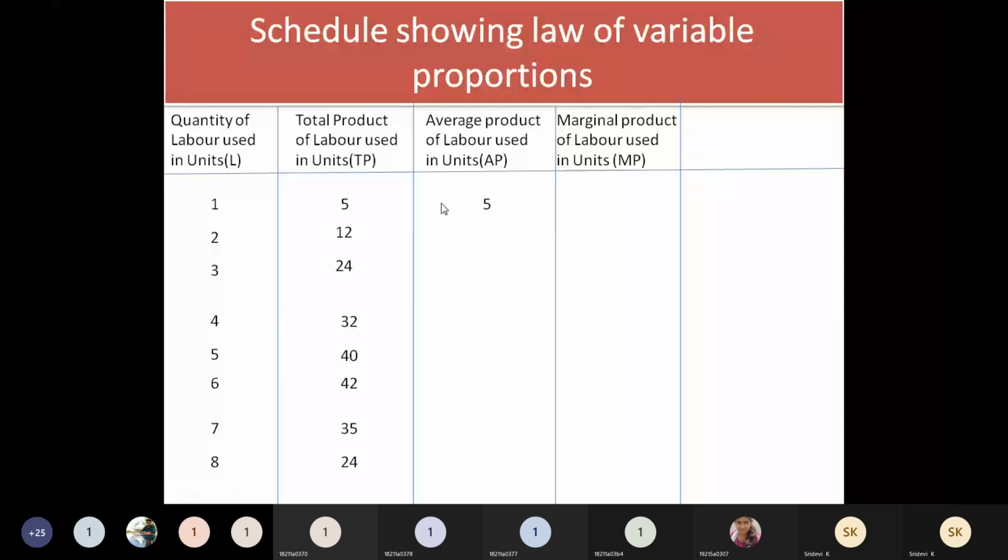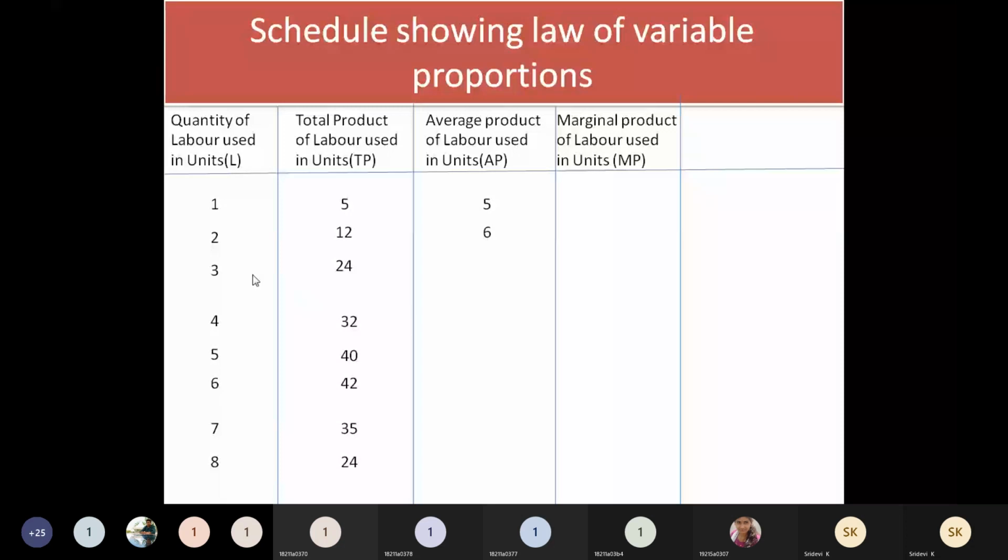When you divide the total 12 by 2, see here, even with 2 laborers, previously one single person produced only 5 products. But when one additional person came, due to enthusiasm or competition, he also increased his production. He is producing now 6 products instead of 5. So both are producing six units.